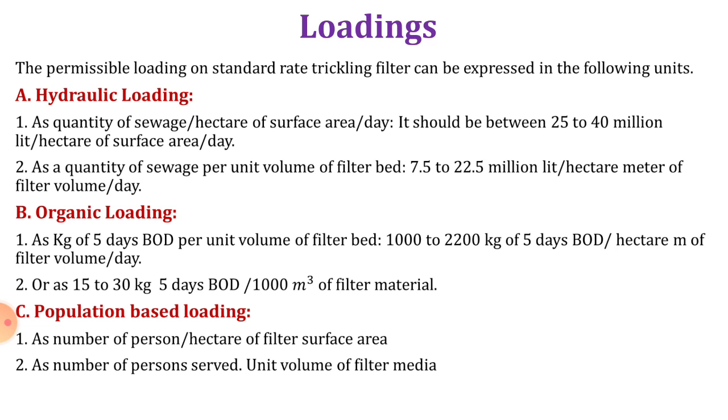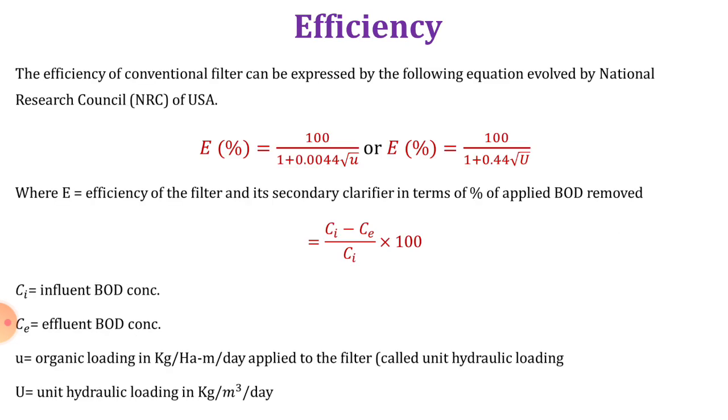So these are the loading values that should be considered for organic and for hydraulic loading. Based on the population, as a number of persons per hectare of filter surface area, and the second criteria as a number of persons served per unit volume of filter media. So these are the two considerations under the population based loading.